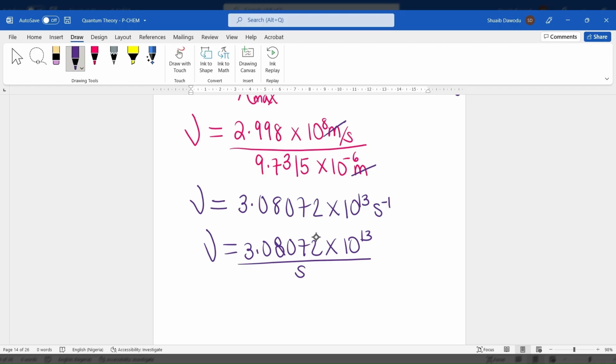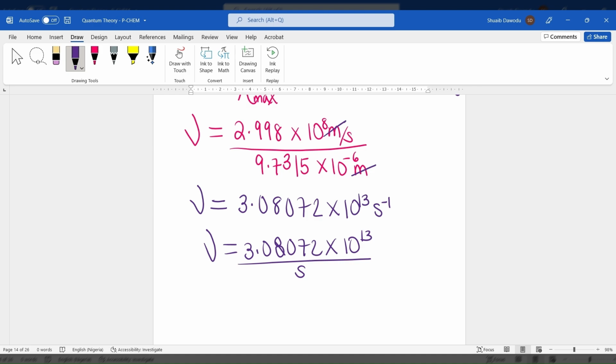This is just telling you that we have 3.08072 times 10 raised to the power of 13 cycles per second, because frequency's definition is basically how many cycles per second.